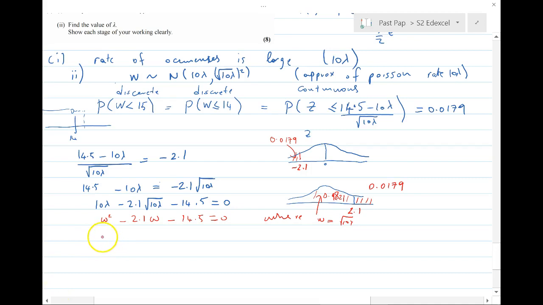So basically we're using the quadratic formula. It gives us w, the square root of 10 lambda, equals minus b, which is 2.1, plus or minus the square root of b squared, which is 2.1 squared, take away 4 times a, which is 1, times minus 14.5, all divided by 2.